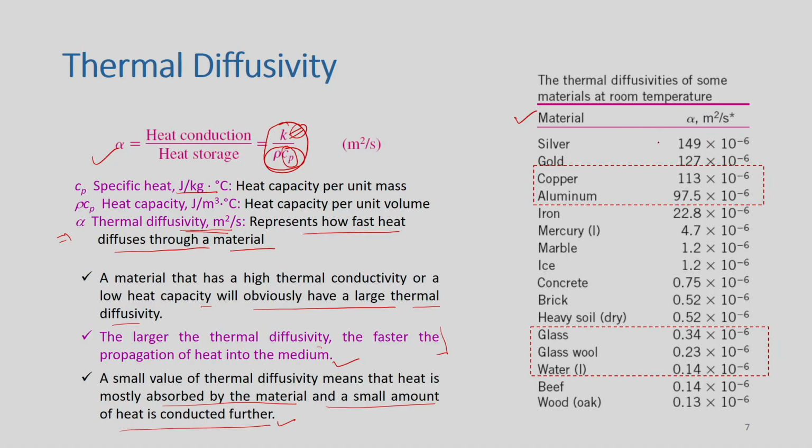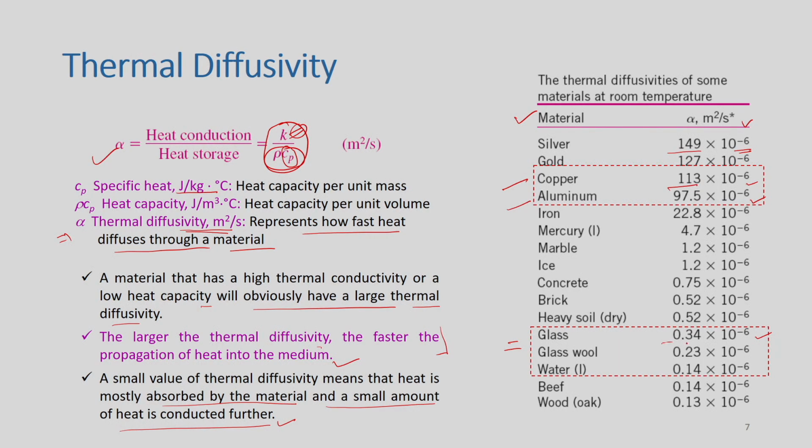And this table shows the comparison of thermal diffusivities of materials. Silver you can see 147 into 10 to the power of minus 6 meter square per second. Copper is 113 into 10 to the power minus 6, aluminum is 97.5 into 10 to the power of minus 6, and for glass it is 0.34 into 10 to the power minus 6.